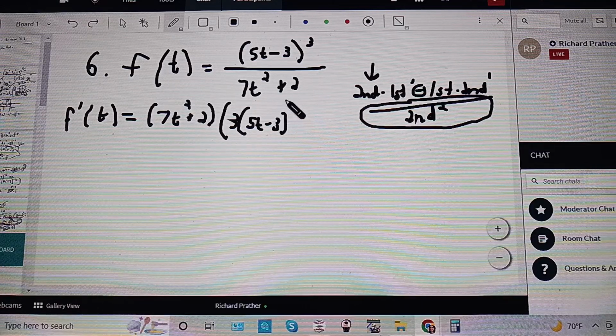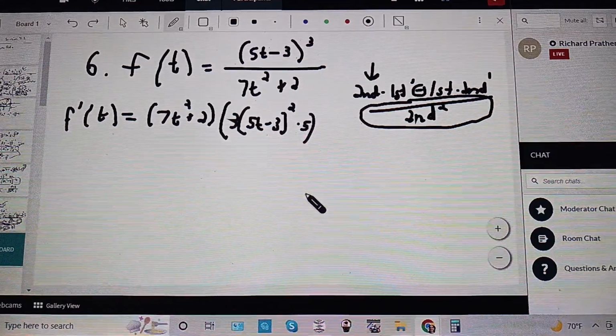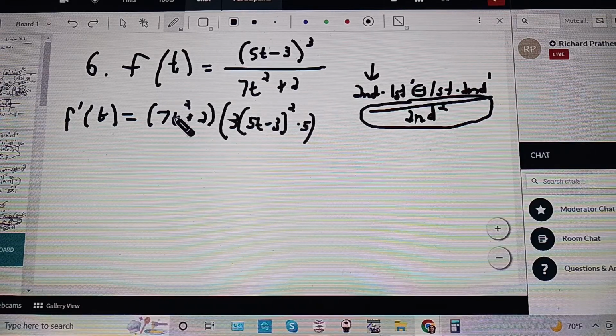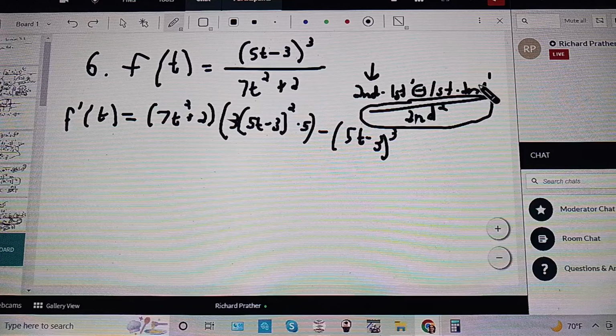Decrease the exponent by 1, and then multiply by the derivative of the base, which happens to be a 5, since that's a linear piece. So that's first times derivative of the second minus, I said it wrong, second times derivative of the first minus first, so just write that one, times the derivative of the second.